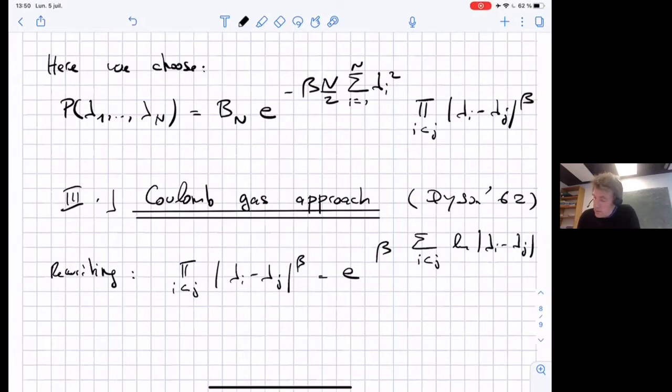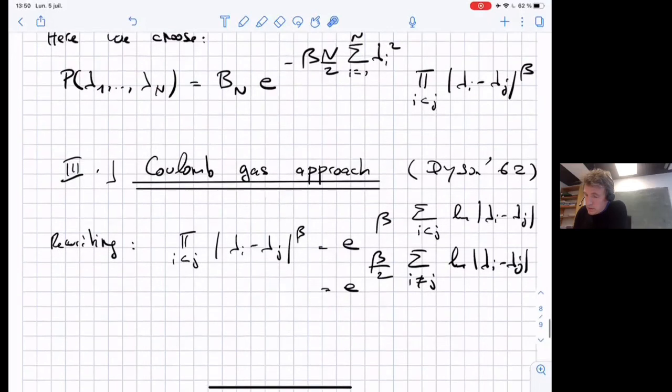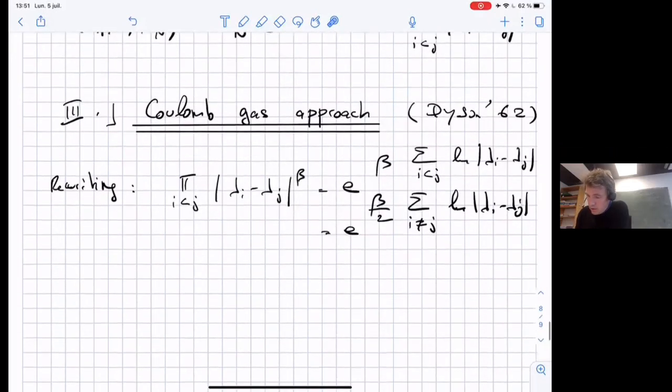I just rewrote the simple things, and maybe it's convenient to make it symmetric, so I prefer to write it in this way. But now what is nice is that if you combine this identity and inject it here, then you start to observe a nice structure.